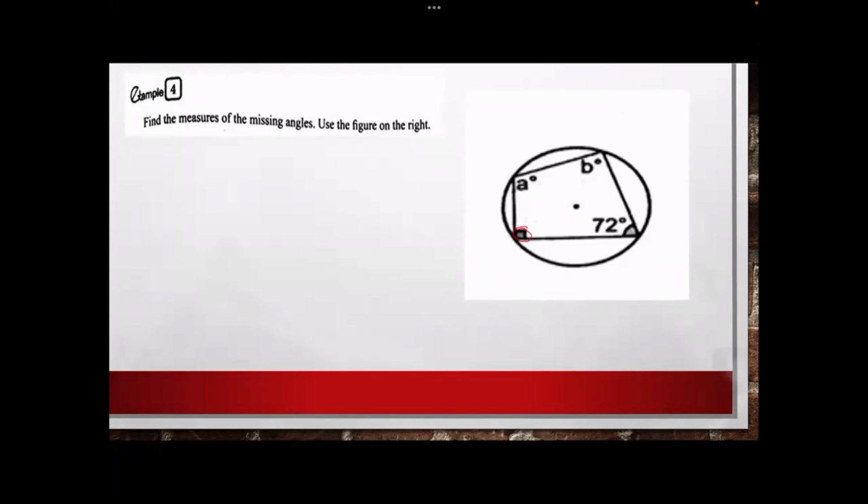We need to find angle A and angle B. Magkakaroon ka dito ng A plus 72 equals 180 degrees. So, by transposition, A is equal to 180 minus 72. So, your A is equal to 108 degrees.